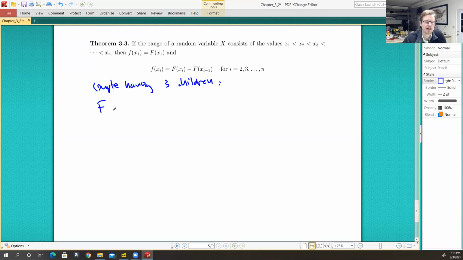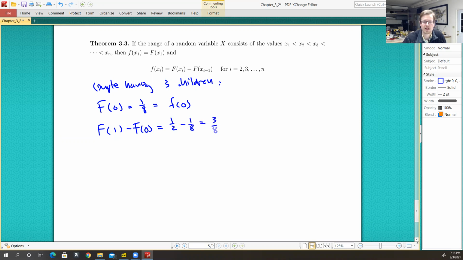So we found that F of 0 was equal to 1/8, and hey, look at that. Yes, the probability of having exactly 0 girls is 1/8. So that matches. Now F of 1 minus F of 0, capital F, would be, we said that F of 1 was 1/2, so 1/2 minus F of 0, which we just said is 1/8.